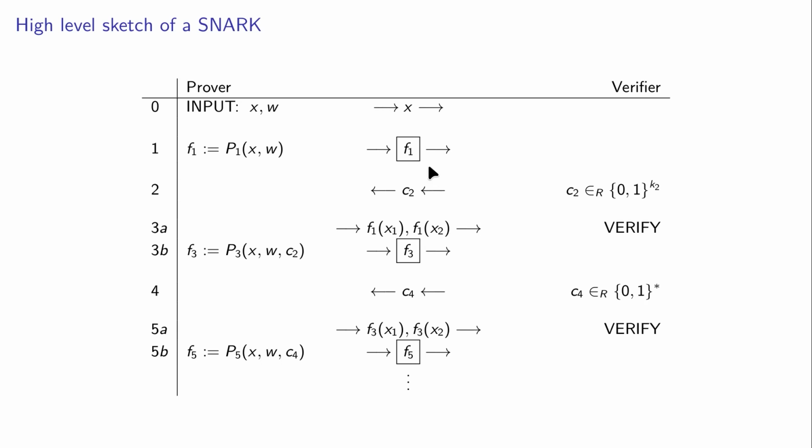Now, based on the challenge, the prover will compute a new polynomial, commit to it, send it to the verifier, and this goes on for maybe 20 steps or so. There is a dependency on these polynomials, which makes the degree of these polynomials get smaller every time, and this will convince the verifier that the polynomial indeed has the desired properties.